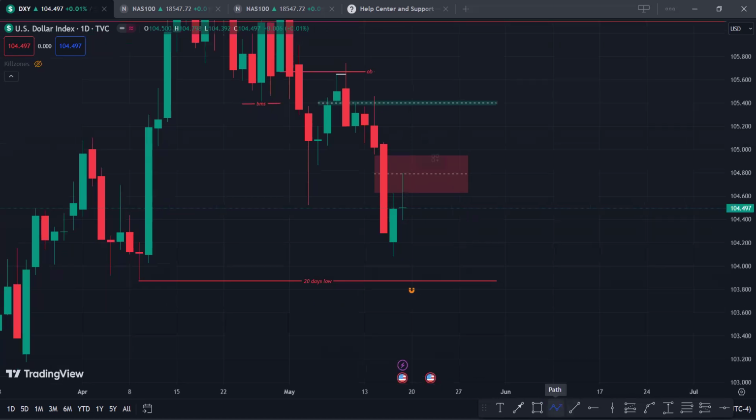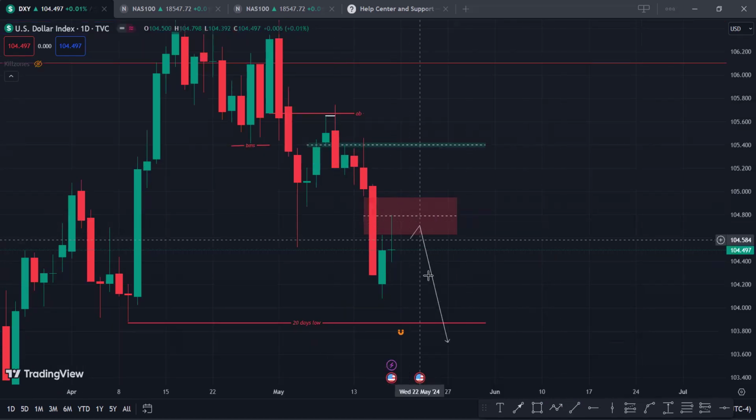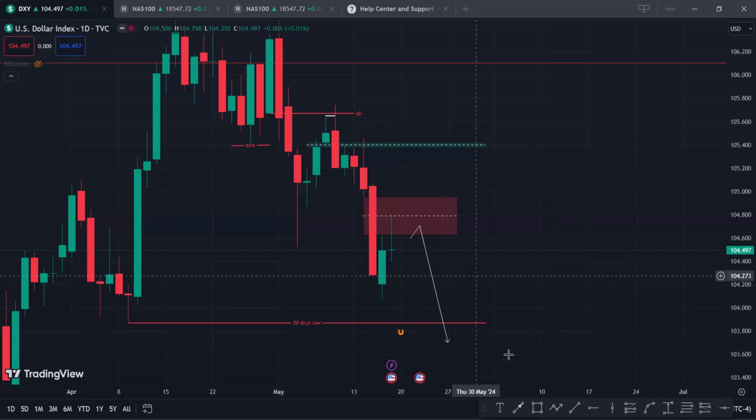So in a nutshell, we are very bearish technically on dollar index, and this is going to be our next draw on liquidity, right? And this is just the technical aspect. When you check the seasonal tendency, you realize we are bearish on dollar in the month of May. Just go and do that assignment.